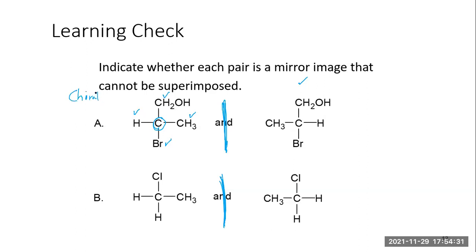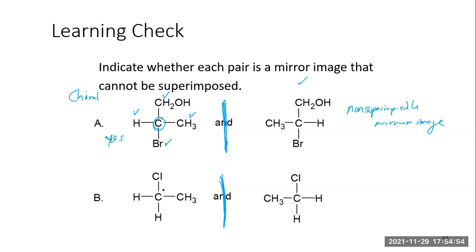And by definition, that means this is a non-superimposable mirror image. So I guess the answer is yes, this contains a mirror image that cannot be superimposed, in this question, the way it's asked.